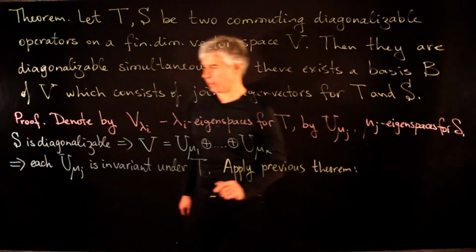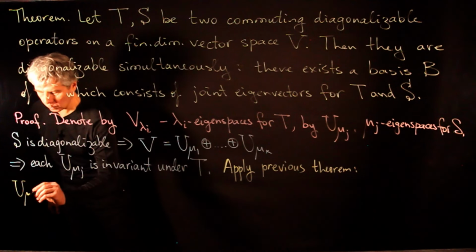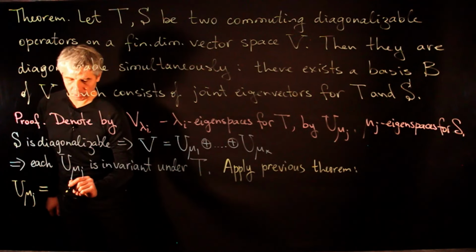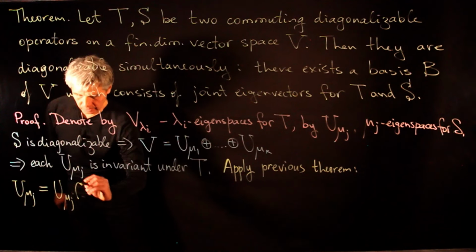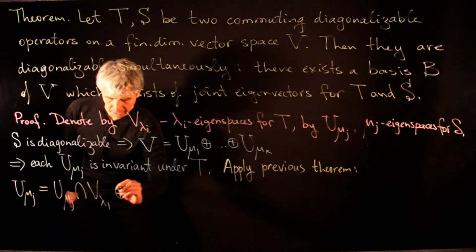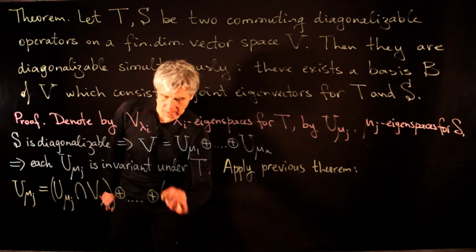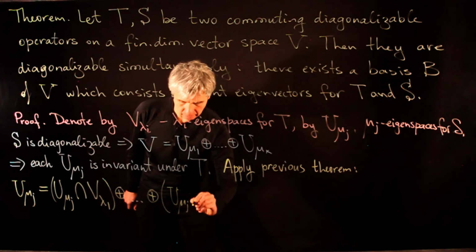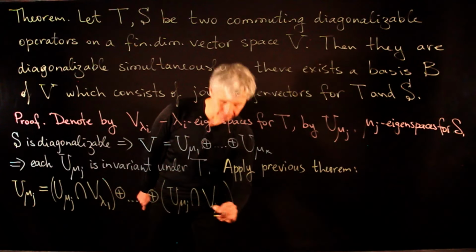And we get that this eigenspace U mu j may be decomposed in the direct sum of U mu j intersection with V lambda 1 plus ... plus the intersection of U mu j with V lambda m.